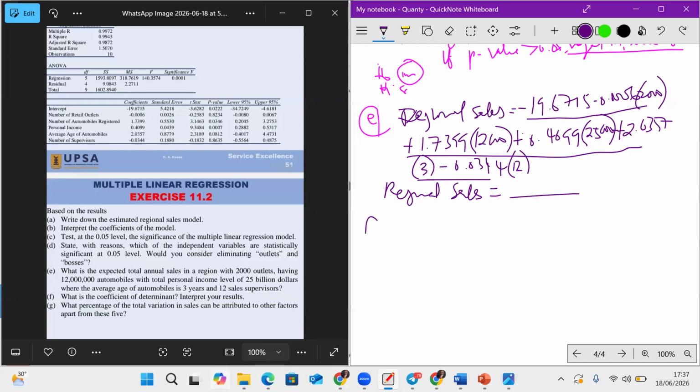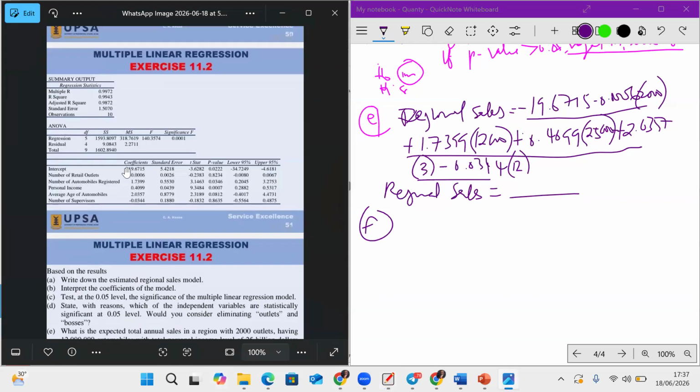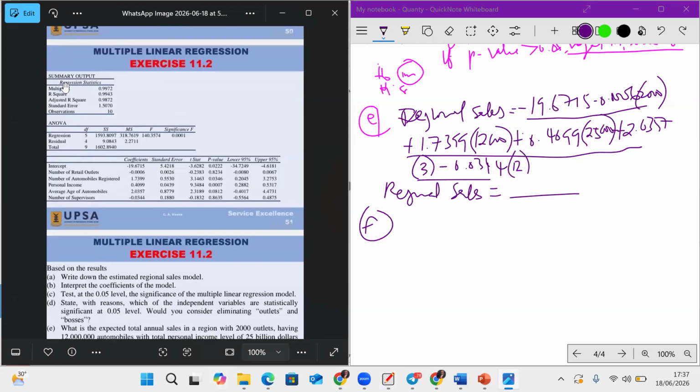Let's go to F. What is the coefficient of determinant? Interpret your answer. So the coefficient of determinant is this R squared. So you write here R squared equals what? 0.9943 multiplied by 100%.